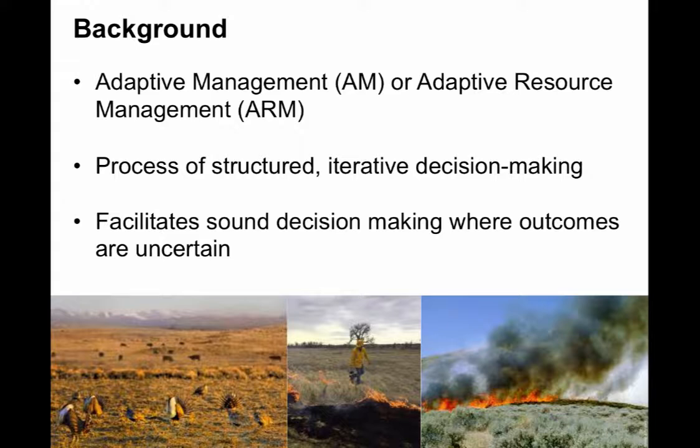So for example, we may believe that introducing fire back into a grassland to restore certain species is a very beneficial process. But what happens if that initial prescribed burn is followed by another the year after, or another burn the year after that? Without monitoring those treatments and measuring the ecosystem response, we actually may end up causing more harm than good with our restoration treatments.